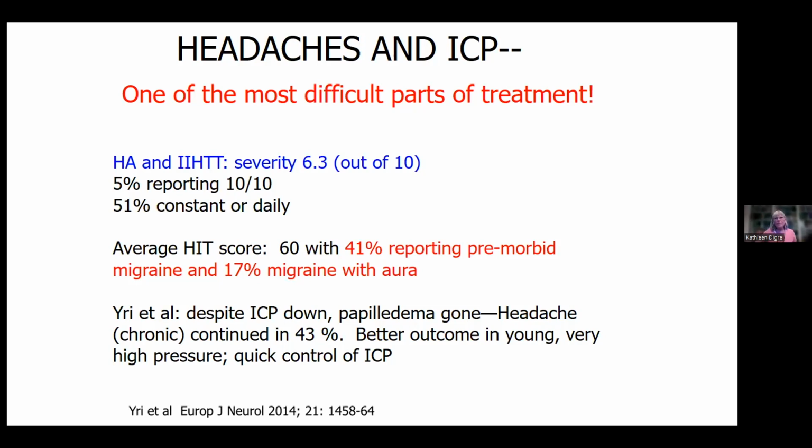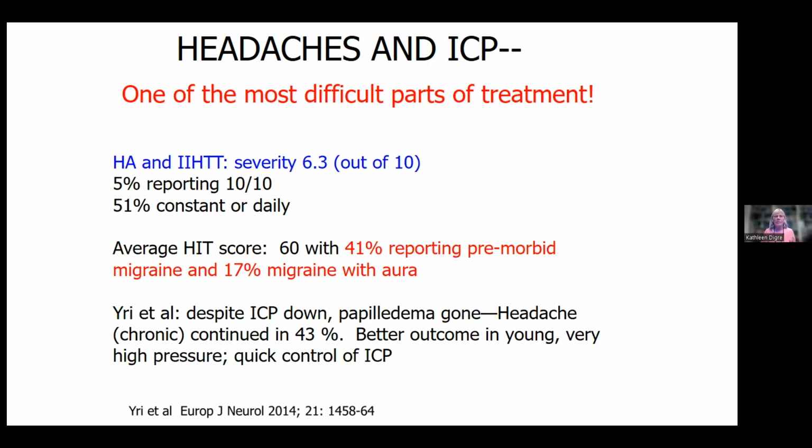And also what was interesting is that 41% of people reported they had migraine before they had the intracranial hypertension discovered. And in the normal population, no more than 17% of patients, usually women, have migraine, 10% of men. So this means that these people have more migraine than anybody else.